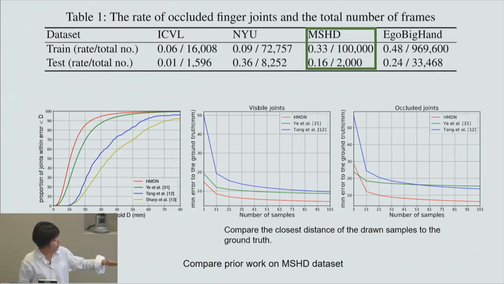When we compare these two methods, we draw multiple samples and choose the closest distance to the ground truth among these samples. We can see our method achieves lower error when we draw more samples, and the variance of our method is smaller than these two methods.